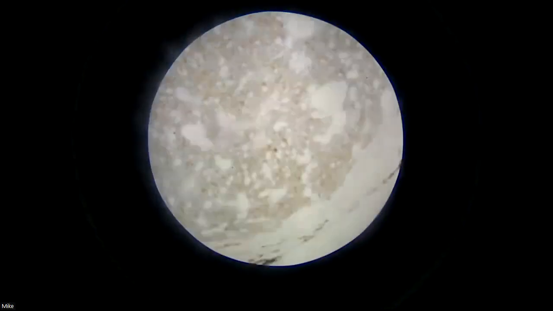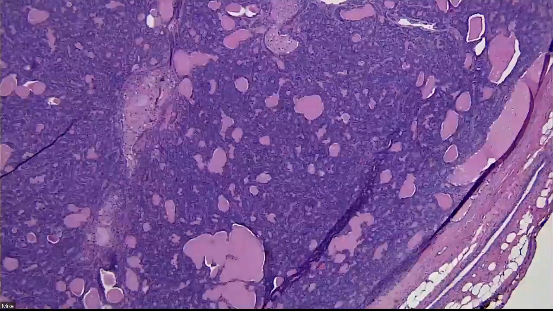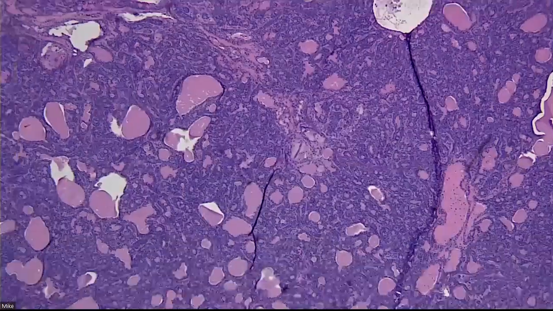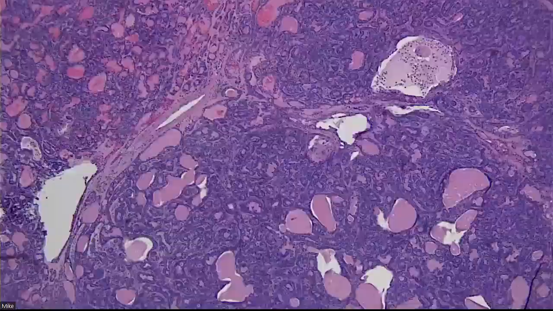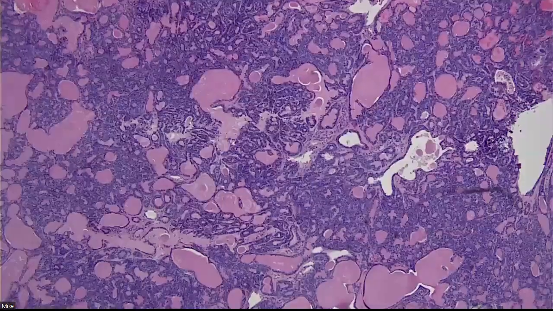The other thing that we see in basal cell adenomas, and I'm belaboring this point because we don't see these that often, but when you do see them they're super characteristic, is the cellular stroma, which is a little more subtle. So I'm going to try and find some of the cellular stroma in the background. Here we go.